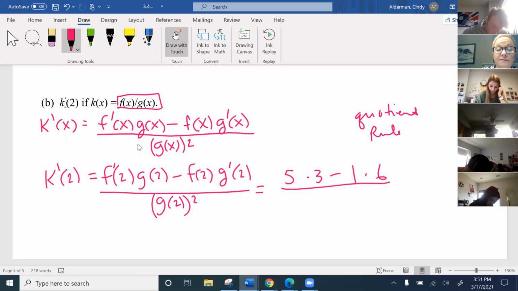And g of 2 is 3, and we want to square that. So you get 15 minus 6 over 9, which is 9 over 9, or 1.